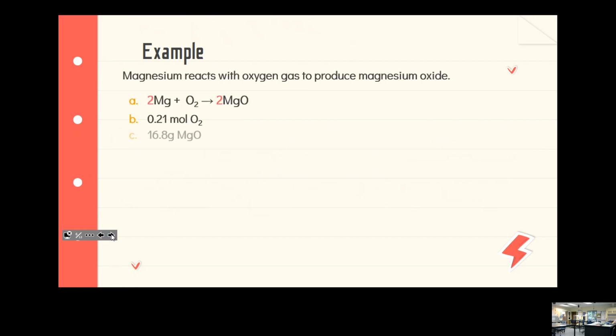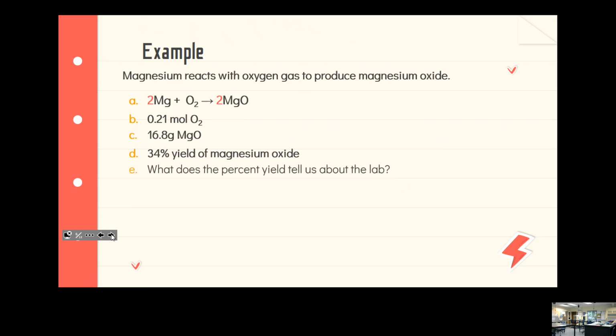As the last step with your theoretical, actual, and percent yield problems, it asks you, what does that actually inform you, right? We know that things were lost, so there's definitely a loss of product. A big reason for that could be that there was no closed system.